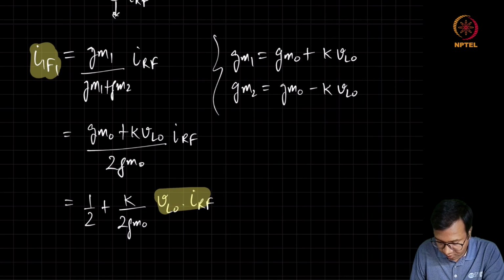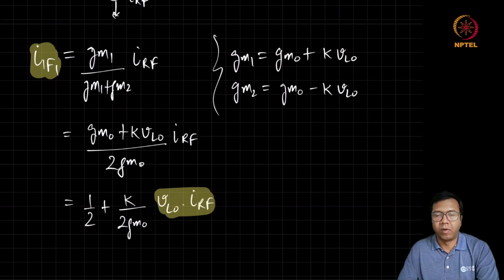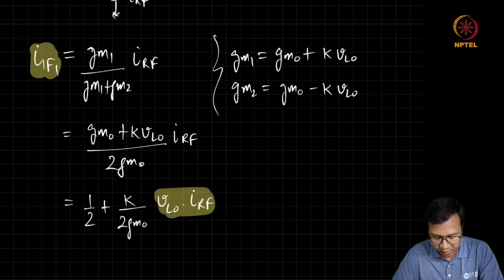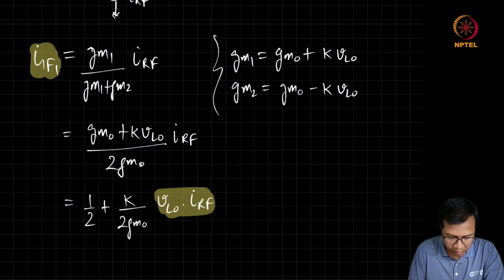You can see that we are able to implement a circuit which can perform the multiplication of these two quantities. But there is this extra constant term which is not required.